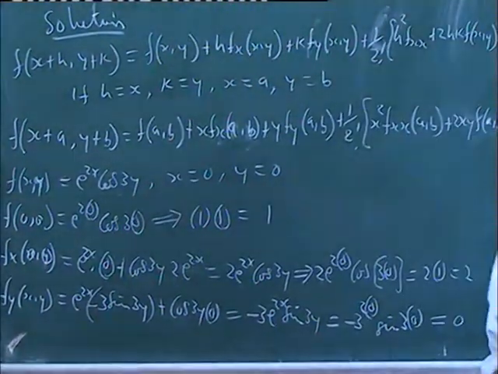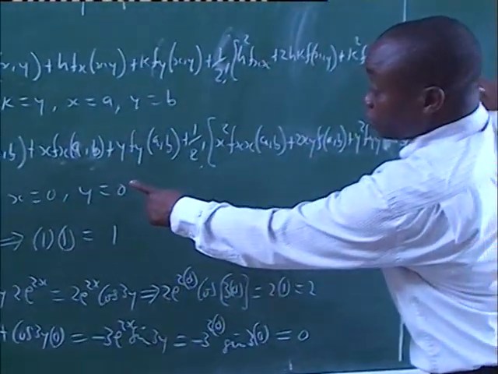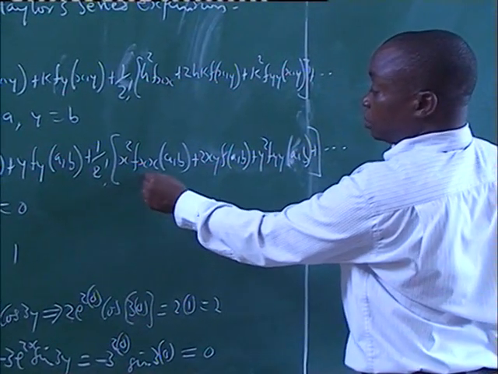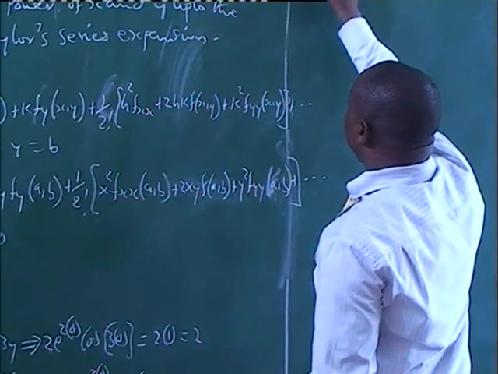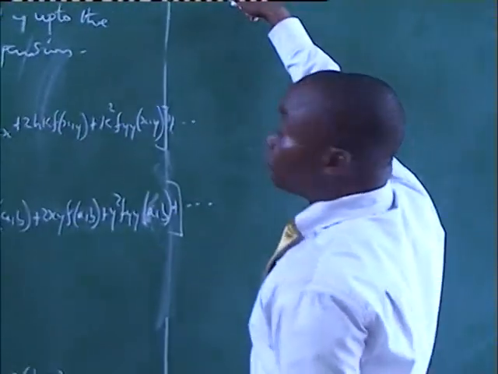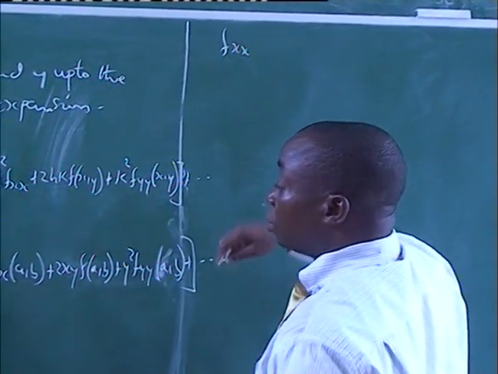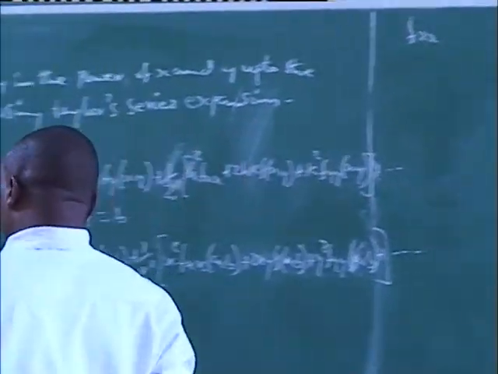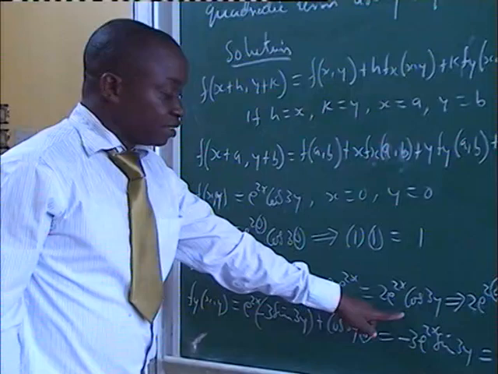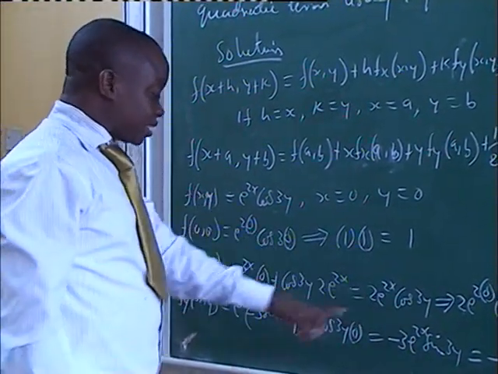Alright. Now, the next point we'll look at is this one. That means the second derivative of f with respect to x. This is the first derivative, right? And we are going to differentiate the first derivative a second time.